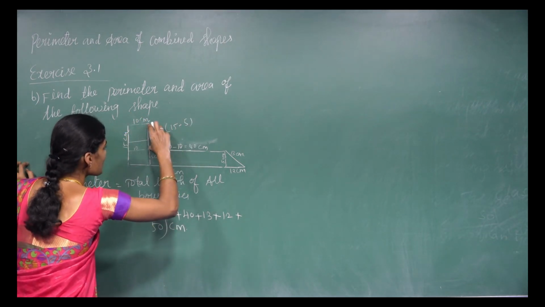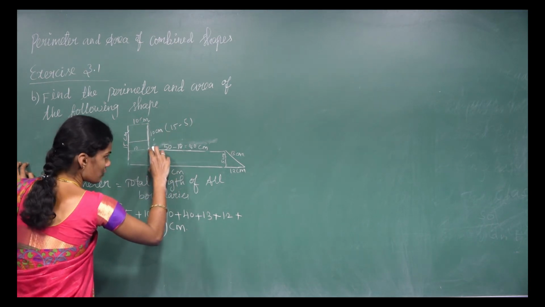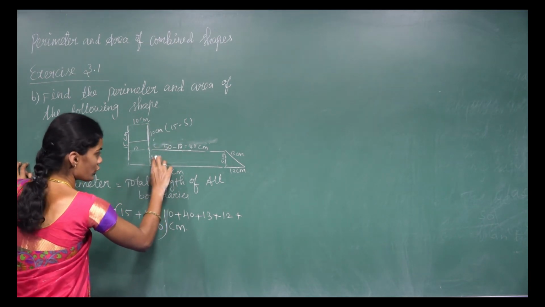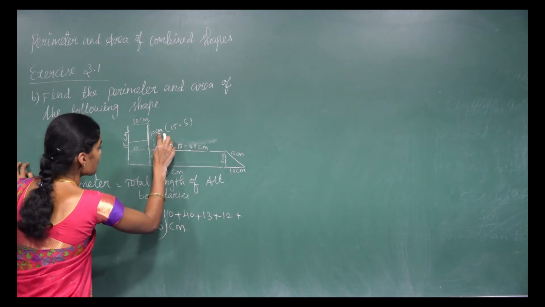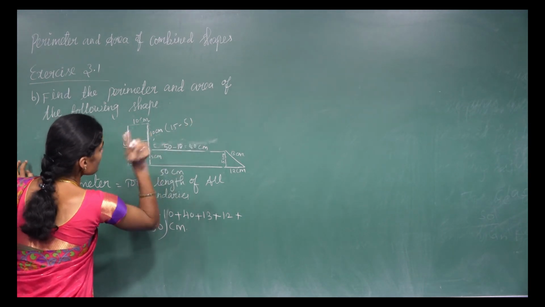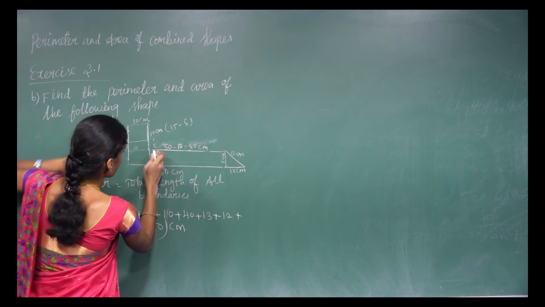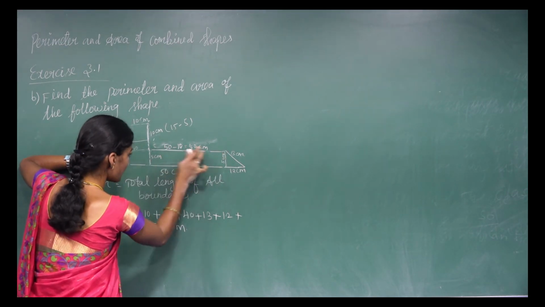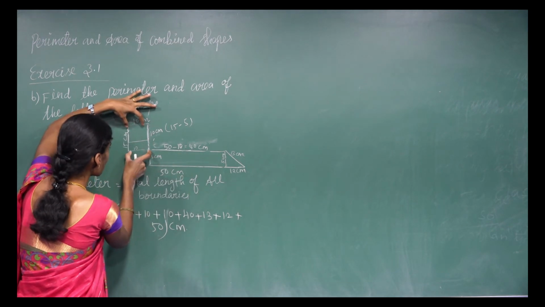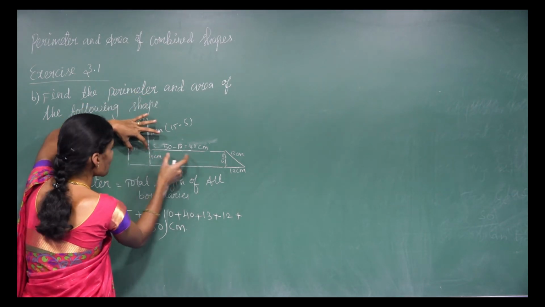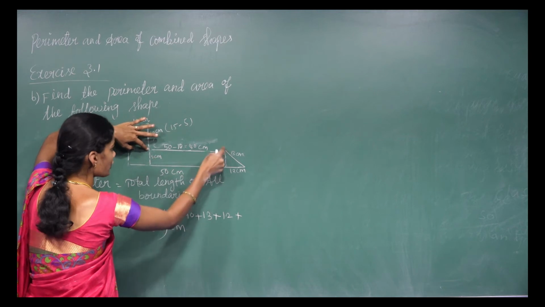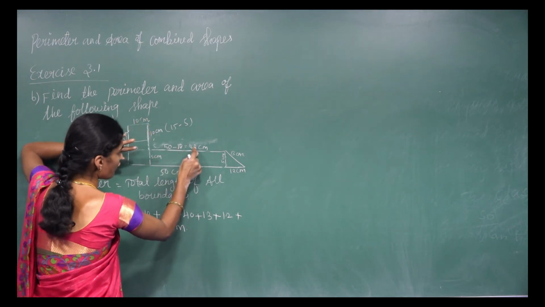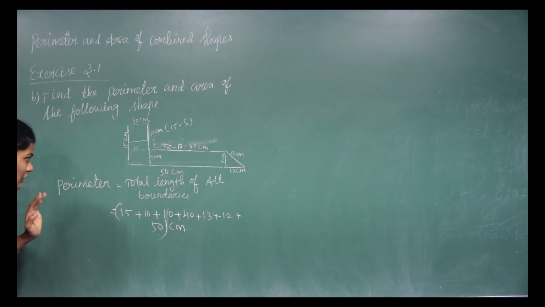Why? Because we need this portion only, not this portion. So 15 minus 5, 10 centimeter. Here also the same. Totally 50, but this portion occupied only 10 centimeter. We want to calculate the remaining portion only. So 50 minus 10 is equal to 40 centimeter. Do you understand or not?